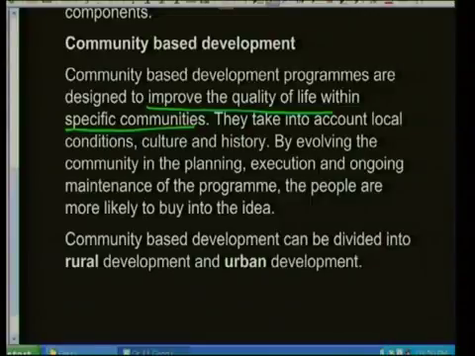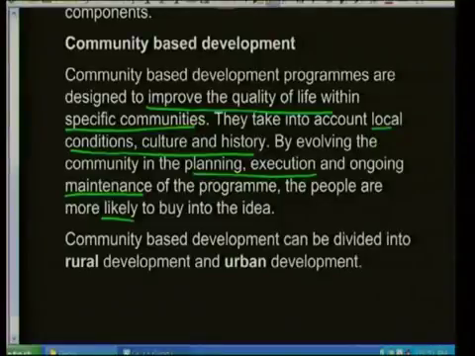They take into account local conditions, culture, and history. By involving the community in the planning, execution, and ongoing maintenance of the program, the people are more likely to be involved.